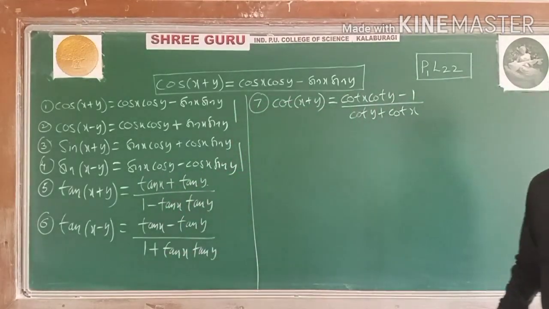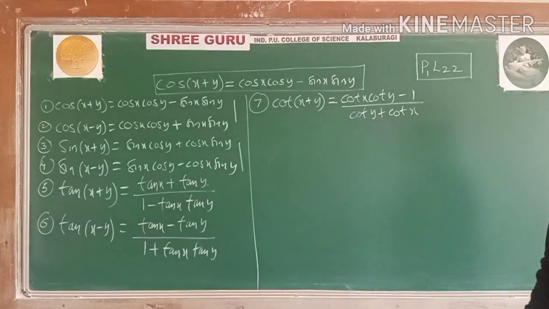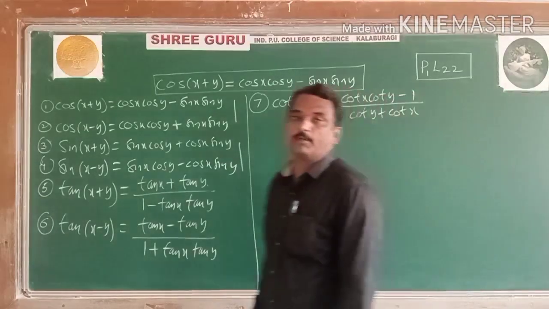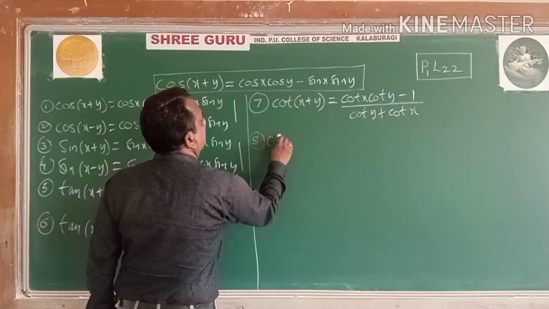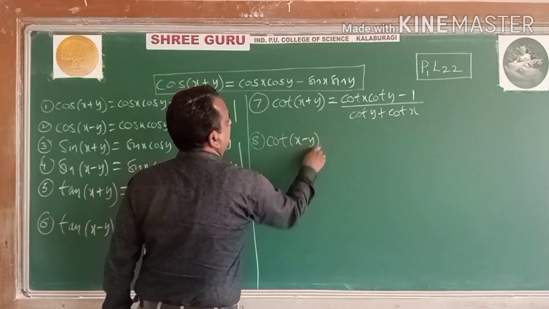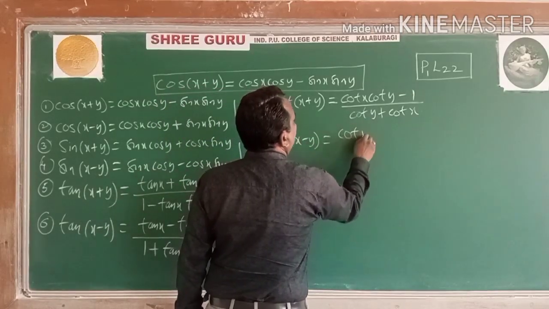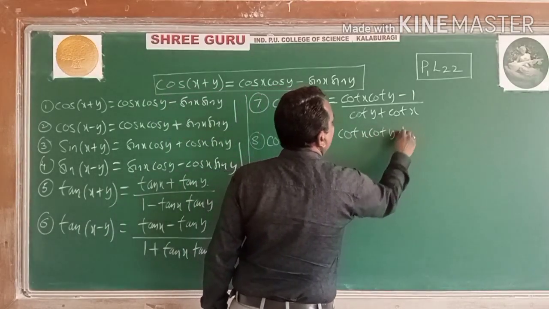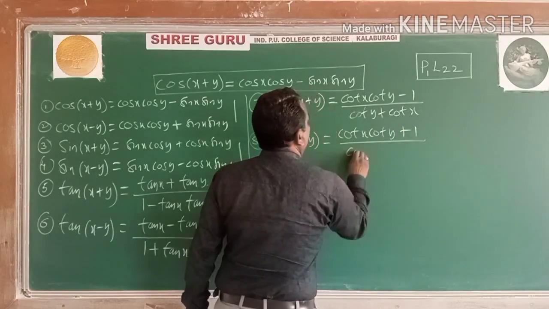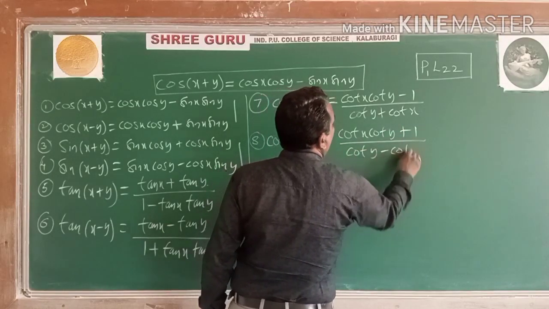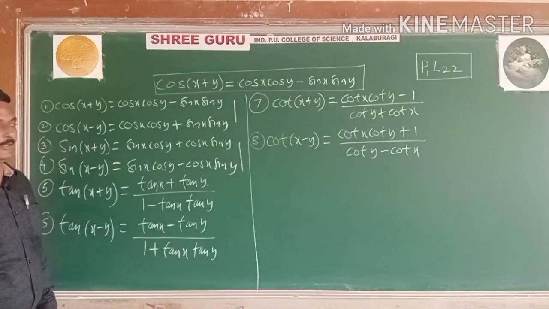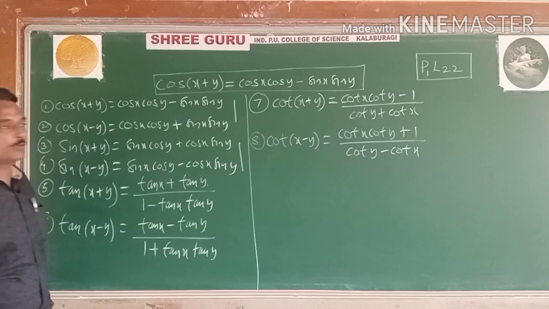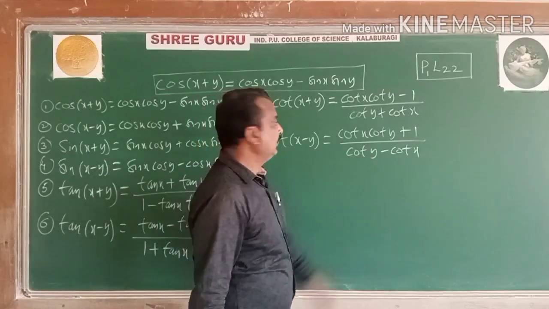The eighth result, cot of x minus y equals cot x cot y plus 1 divided by cot y minus cot x. First y, then x: cot y minus cot x.